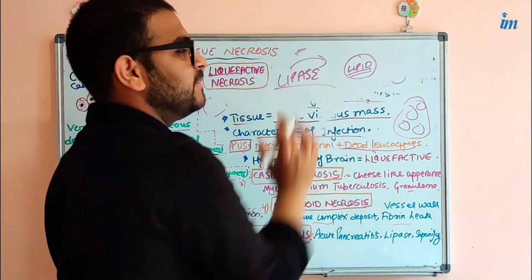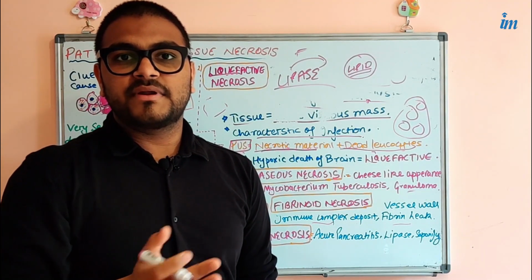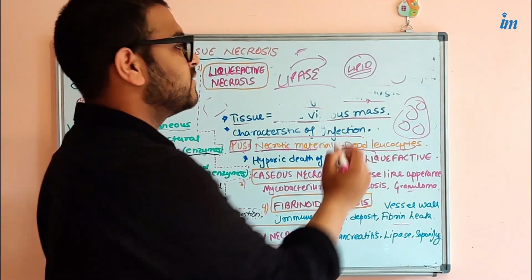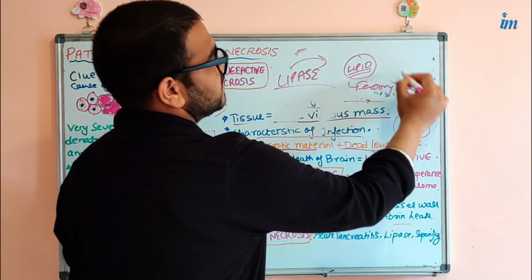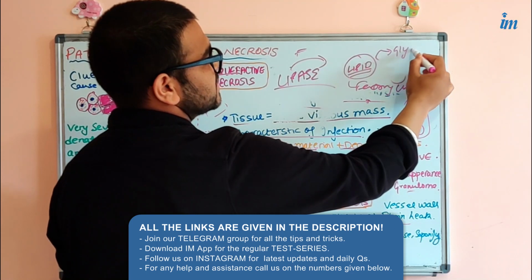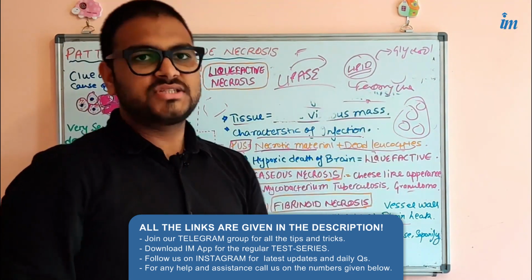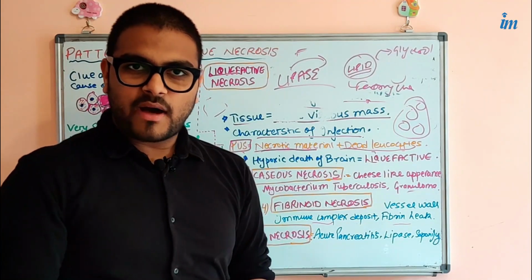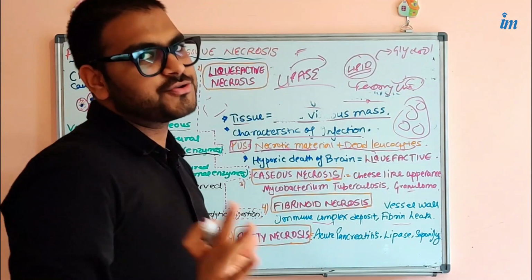lipid-containing adipocytes, and the lipids are destroyed and break down into their components, that is fatty acid chains plus glycerol, because of the action of lipase. The fatty acid chain acquires calcium, because the fatty acid chain has a negative charge if you see the structure.